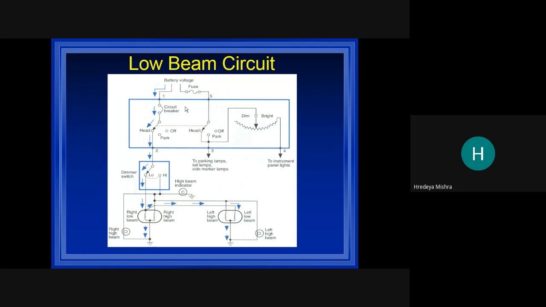See here, this is the control, means if this arrow goes to this side, right side, then brighter light is there, and if it goes this side, then the light is dim, means low brightness is there.